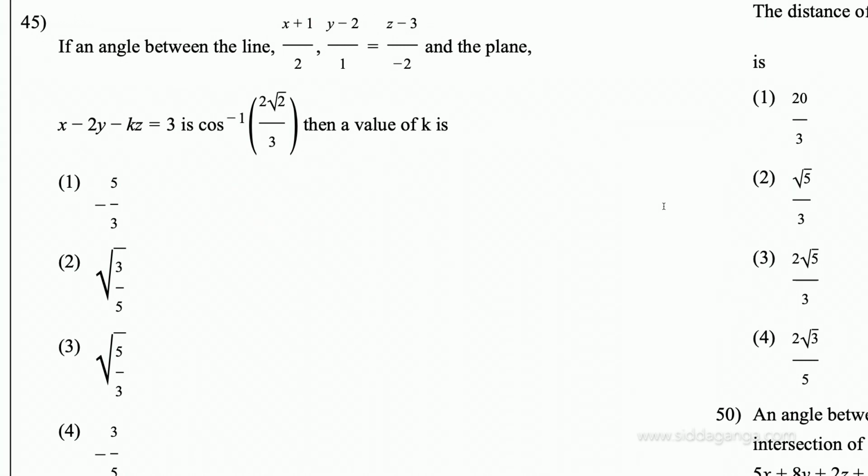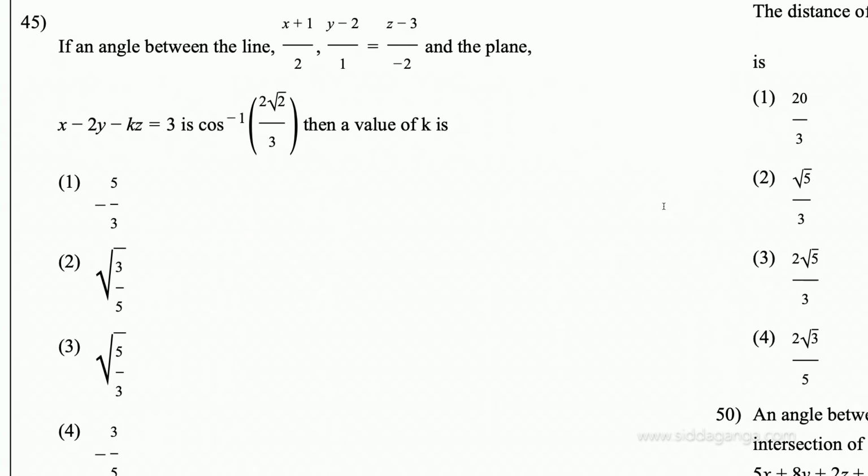So we know the formula to find the angle between the line and plane, that is sin theta is equal to, but to confuse they have mentioned cos theta, right, so do not worry about that. Now from the given line you get vector b equal to 2i plus j minus 2k, right.